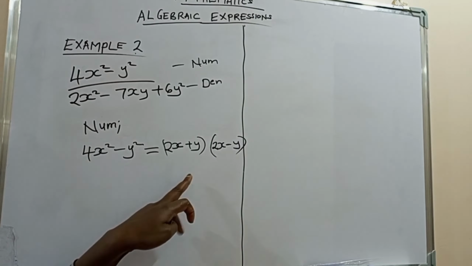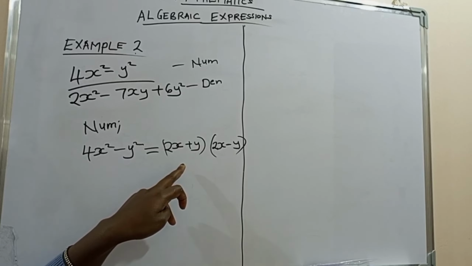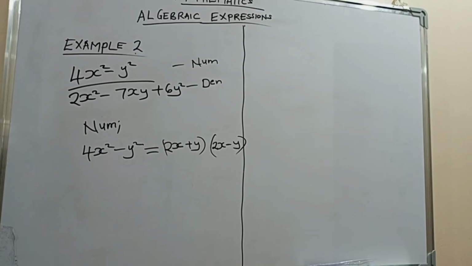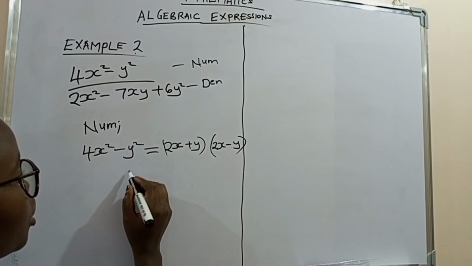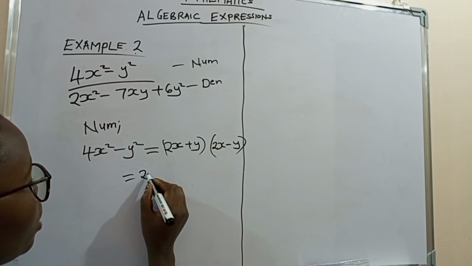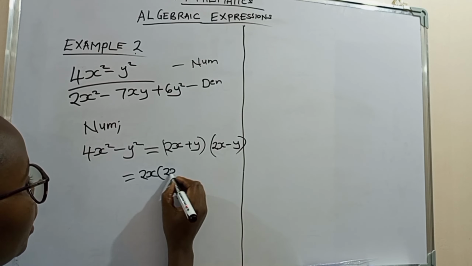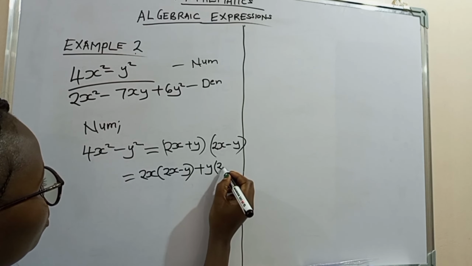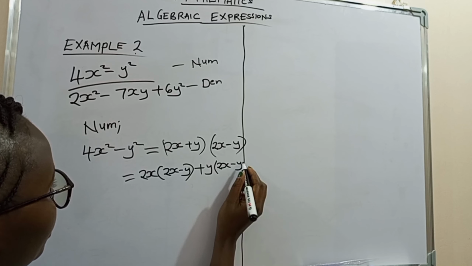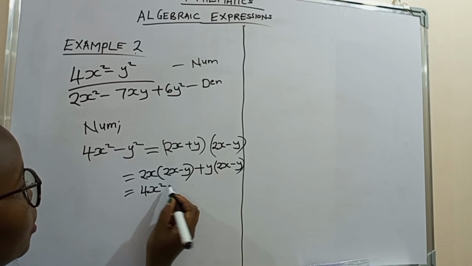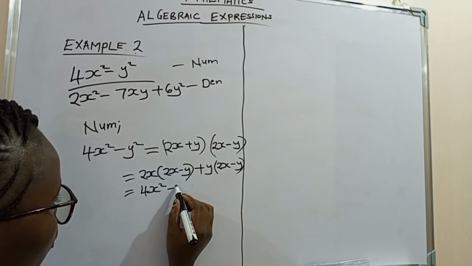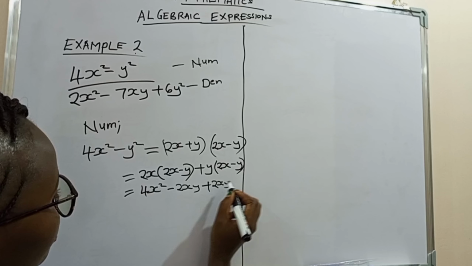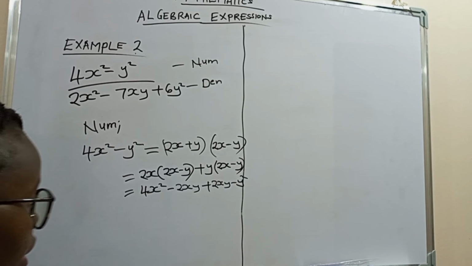So if you try to open these two brackets, you're supposed to arrive at 4x squared minus y squared. So let's try to open the two brackets. 2x into 2x minus y plus y into 2x minus y. 4x squared minus 2xy plus 2xy minus y squared.